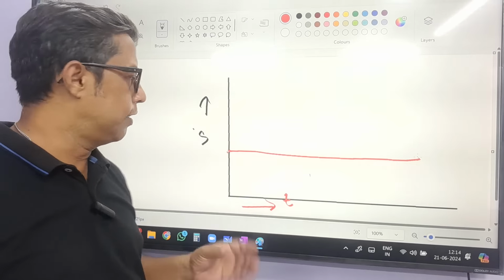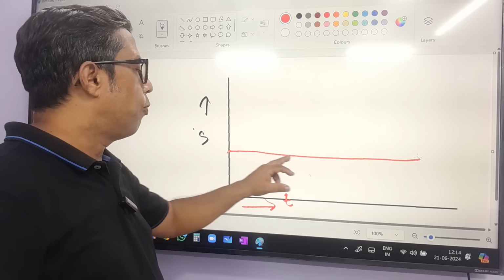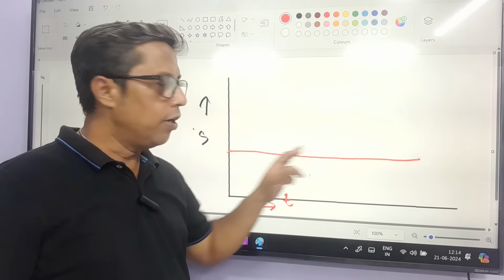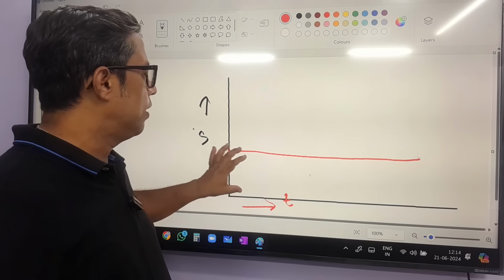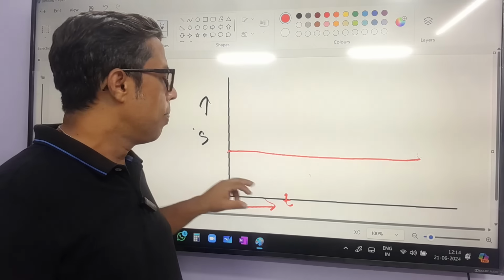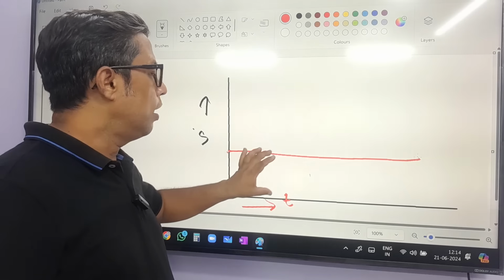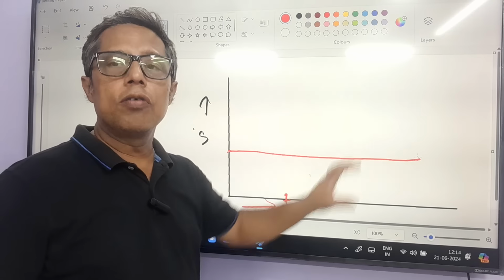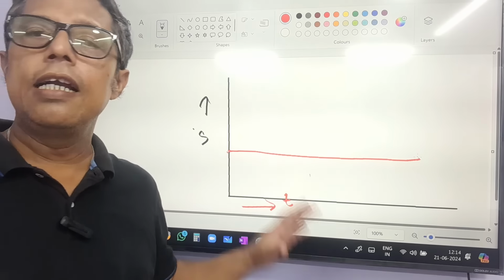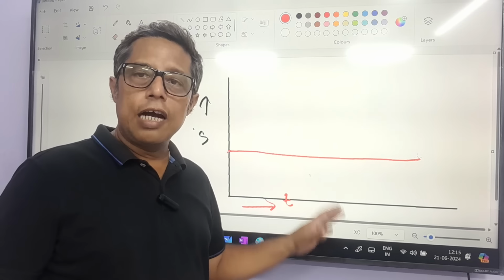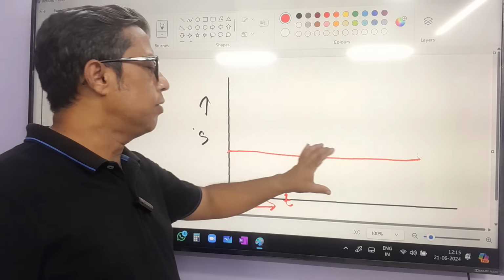How do we understand this? Because each point is a coordinate. For each point, you can see it is a parallel line. If it is a line parallel to the t-axis, then the y values will be constant. Y values are not getting changed. Why?